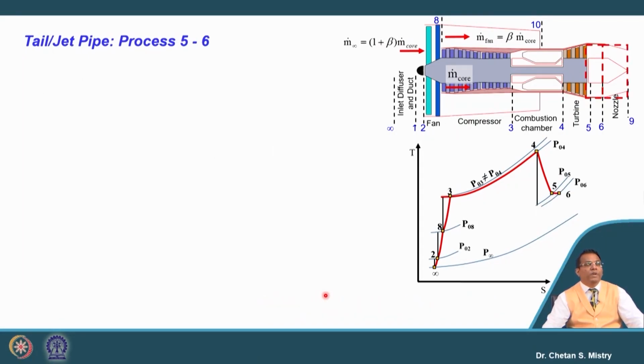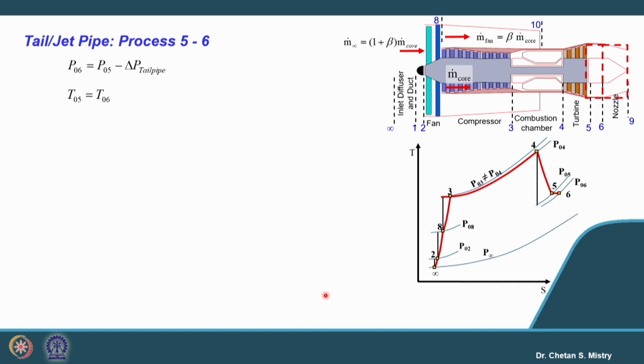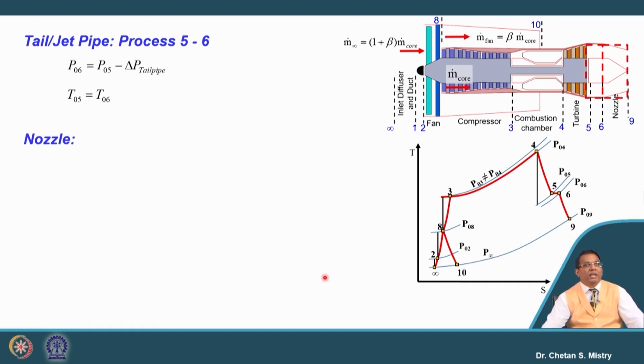Now, what we have next is say tailpipe, that is what is say entry of the nozzle. If we consider, since it is a say duct where we will be having drop of pressure which is happening, this drop of pressure we can say as say delta P. Okay. The next component what we have is our nozzle.